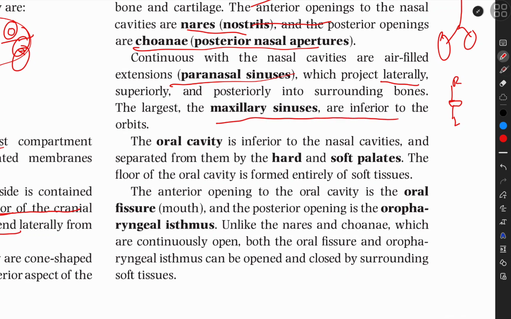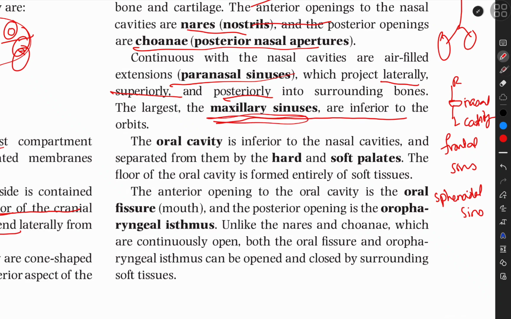So I think laterally they are talking about this nasal cavity itself, and then superiorly is the frontal sinus, posteriorly is the sphenoidal sinus, and the surrounding bone. The largest, the maxillary sinuses, are inferior. Yeah, makes sense. But we don't need to know this right now.